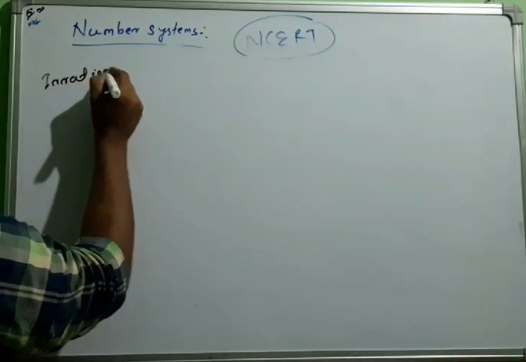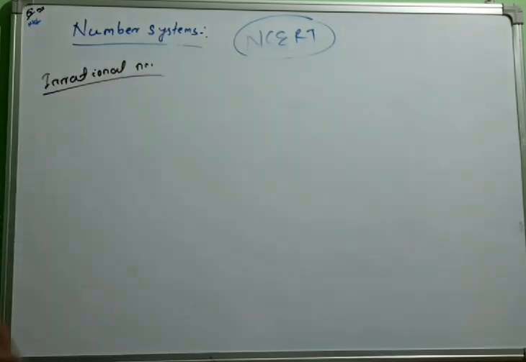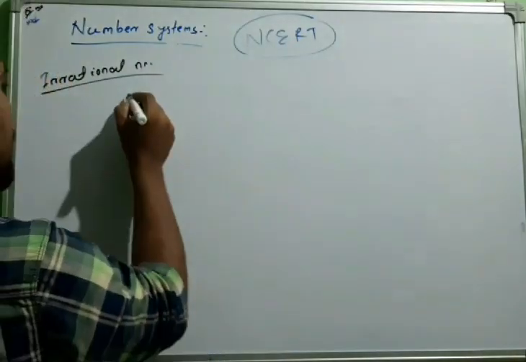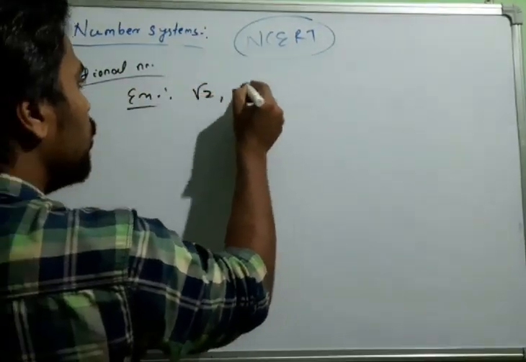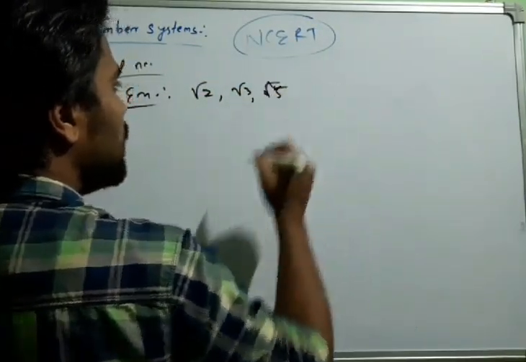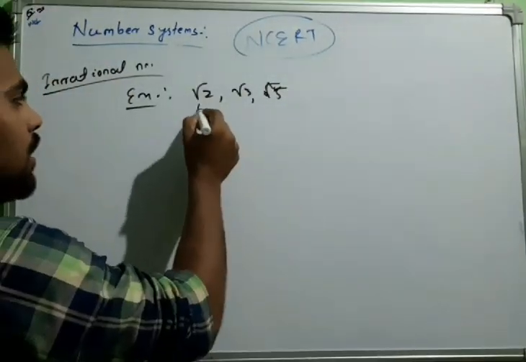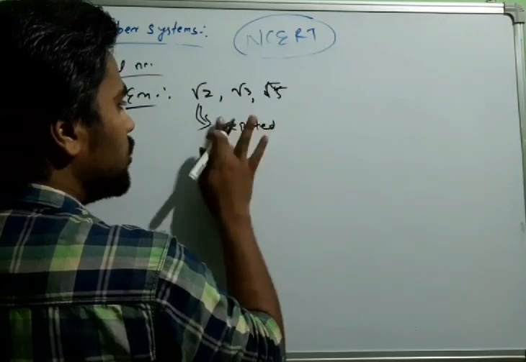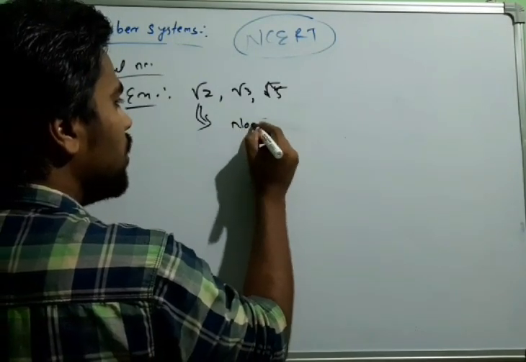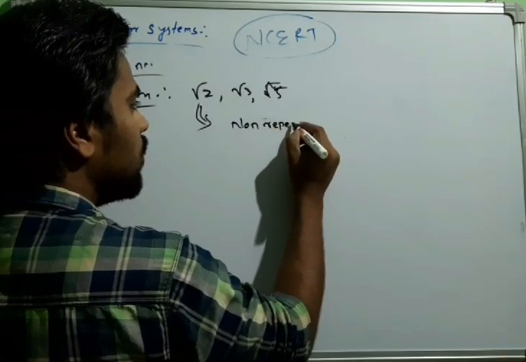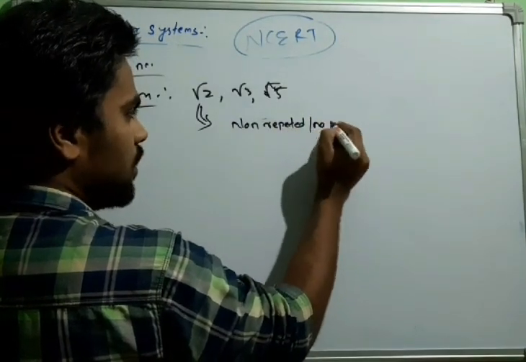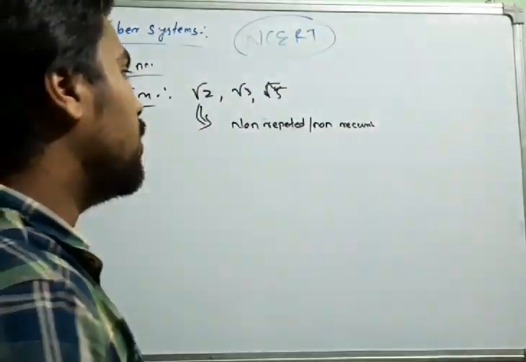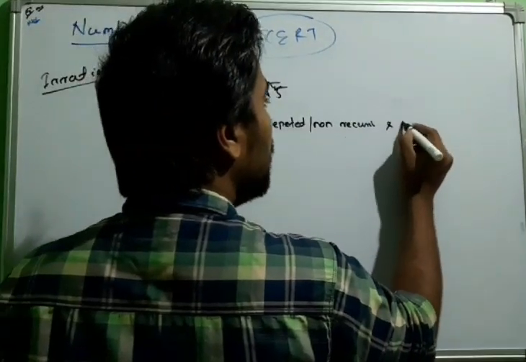Irrational number. So in irrational numbers, I already told you about irrational numbers. The numbers, for example, root 2, root 3, root 5, those are irrational numbers because these numbers are non-repeating, or non-recurring, and non-terminating.